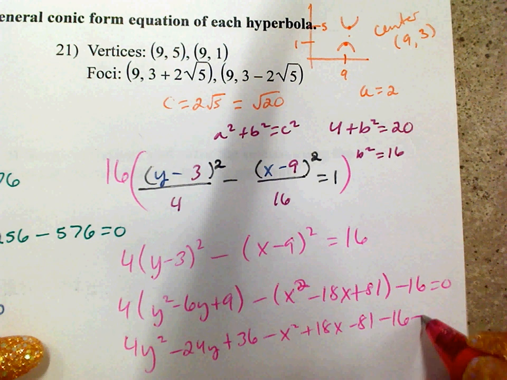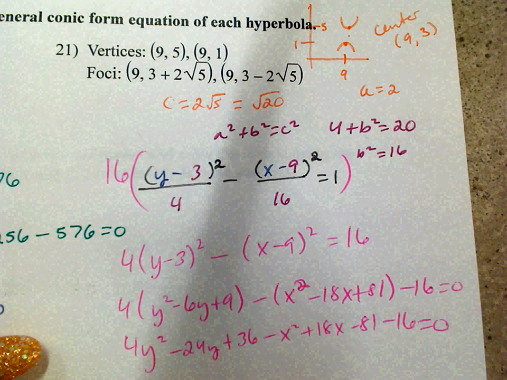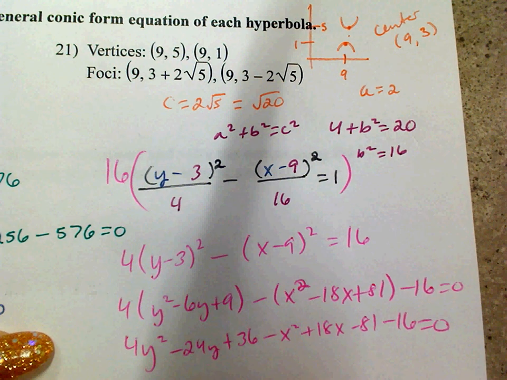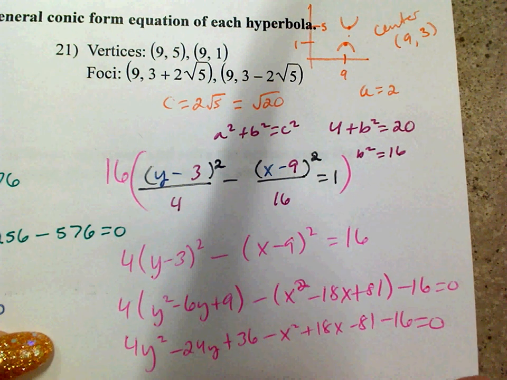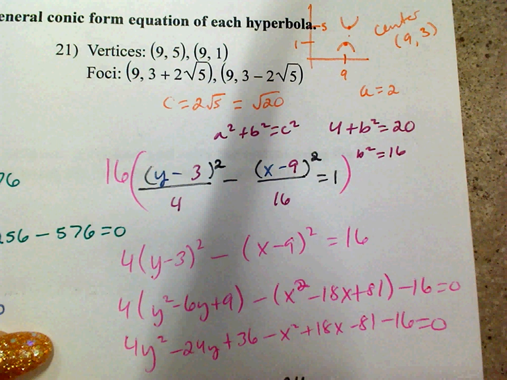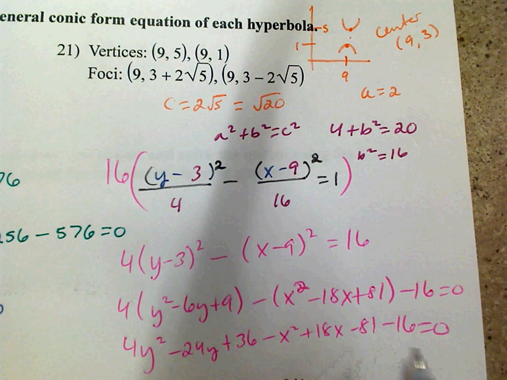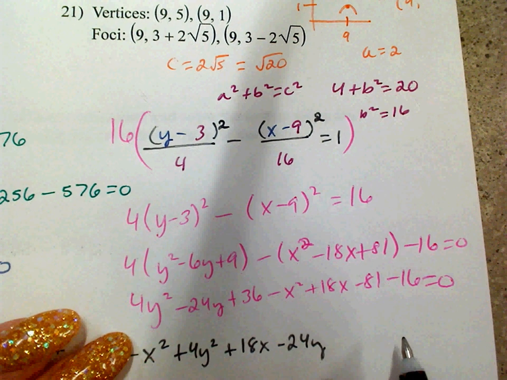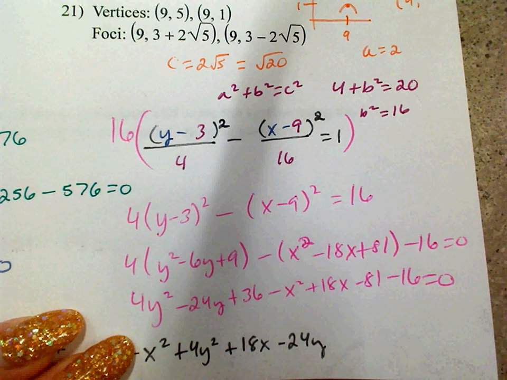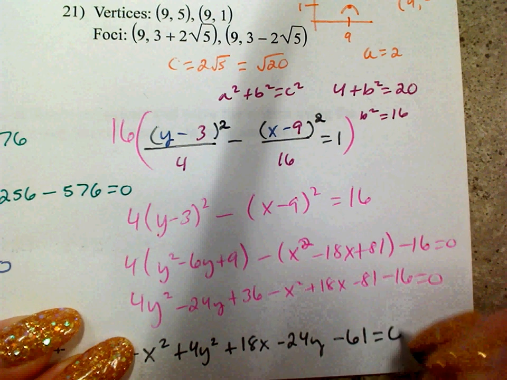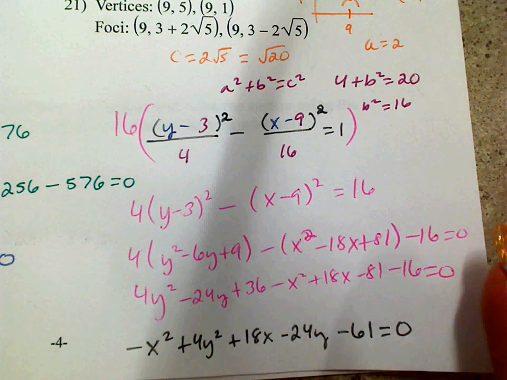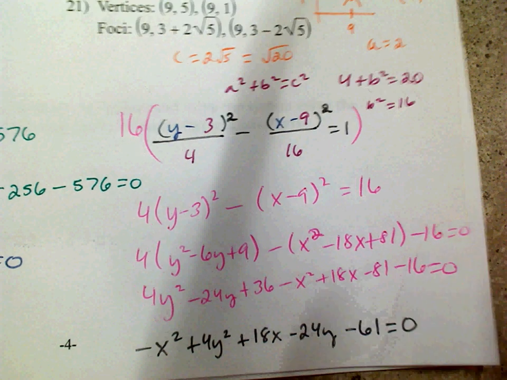Final answer is going to be negative x squared plus 4y squared plus 18x minus 24y. Then negative 81 minus 16 is negative 97, and negative 97 plus 36 is negative 61. Okay, I think that's right. And if I'm wrong, y'all correct me.